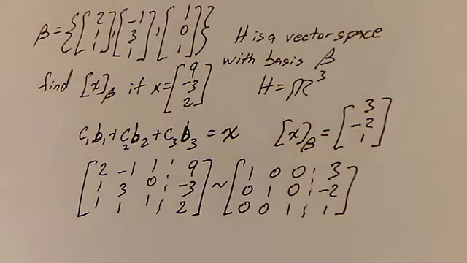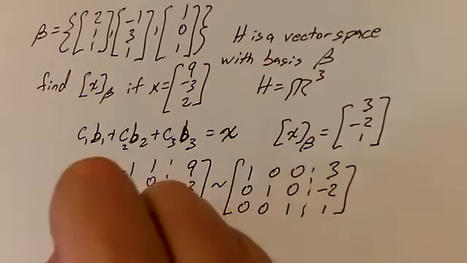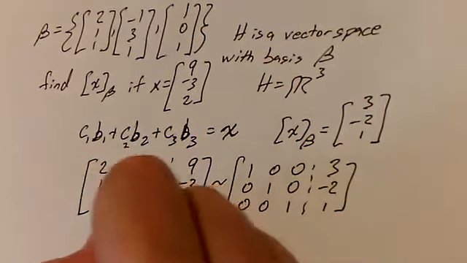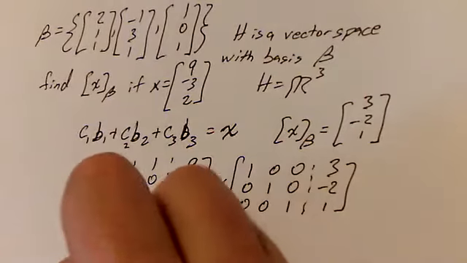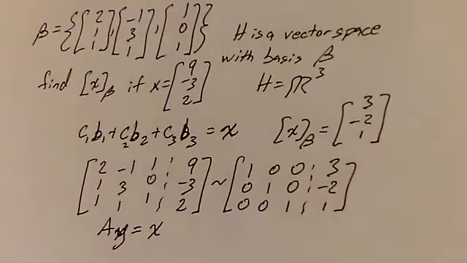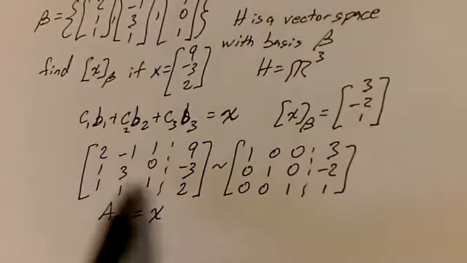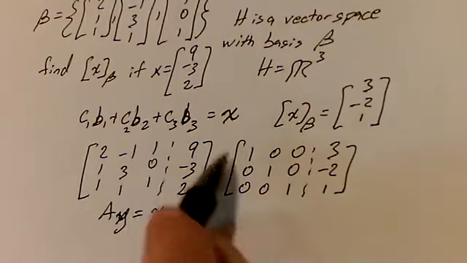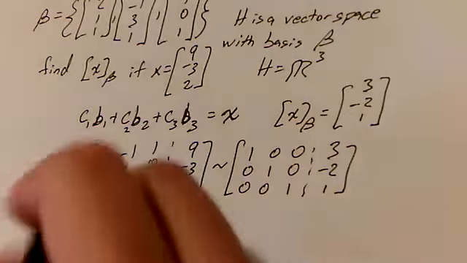Now, I also know because of this, this was solving AY equal to X. That's what this matrix equation solves. I don't want to use X because I'm using X as my vector here.